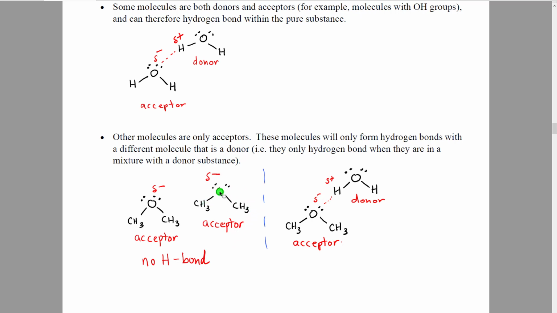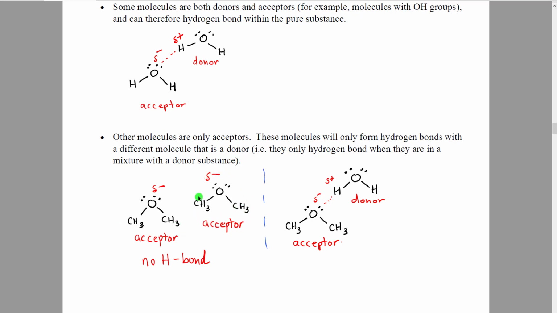These are ethers, where we have the oxygen with two carbon groups directly attached, but no hydrogens directly attached. So ethers can use their lone pairs to be hydrogen bond acceptors. But because they don't have a hydrogen bond donor, inside the pure ether substance, there is no hydrogen bonding occurring.